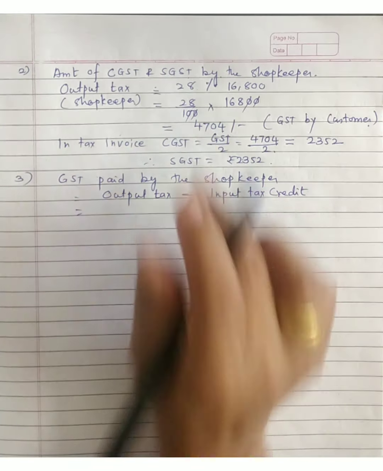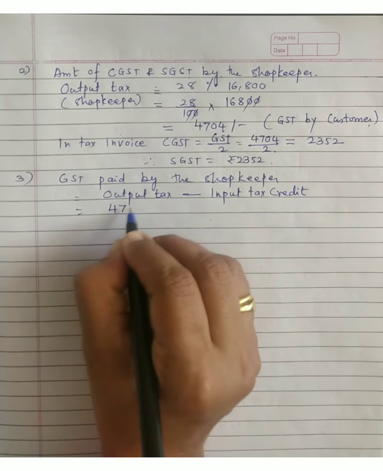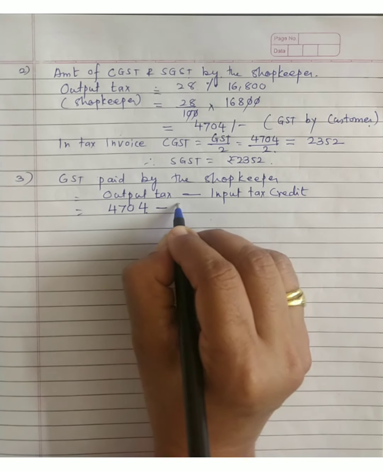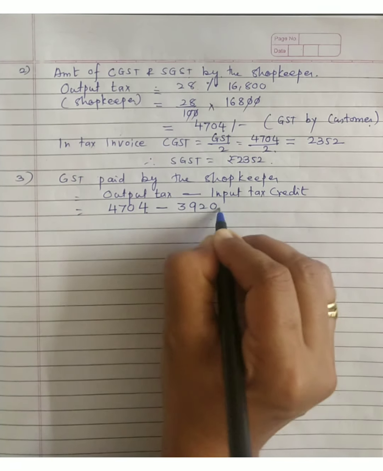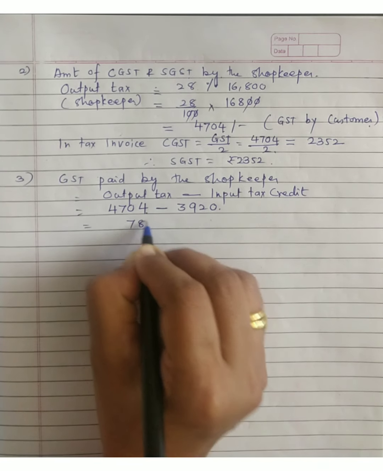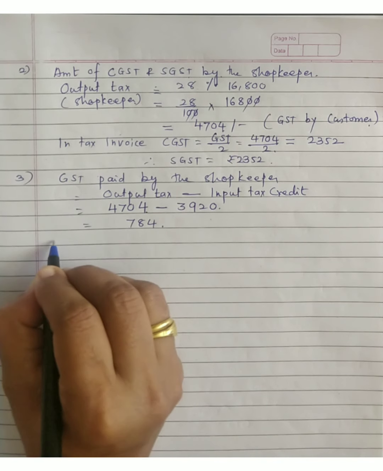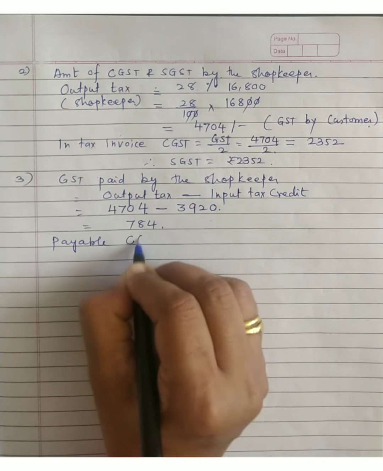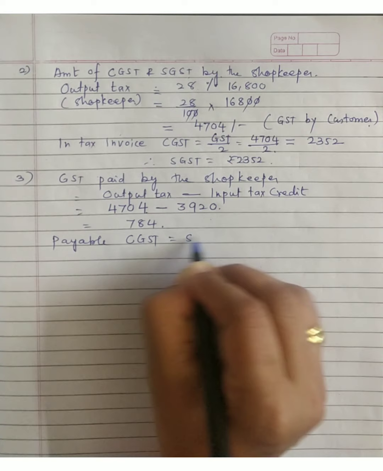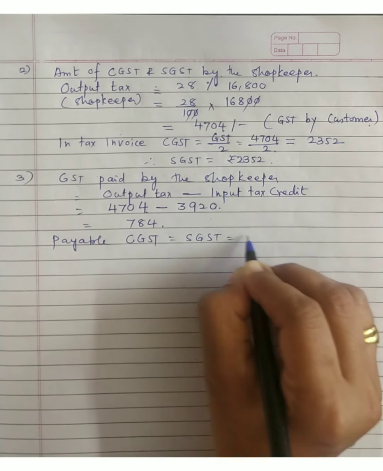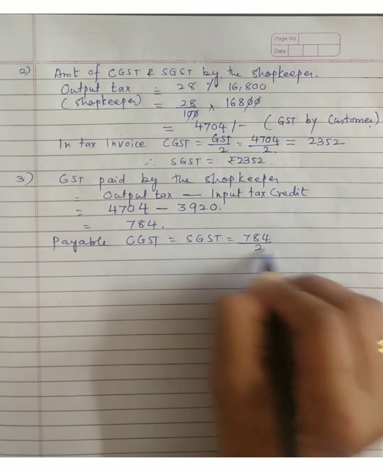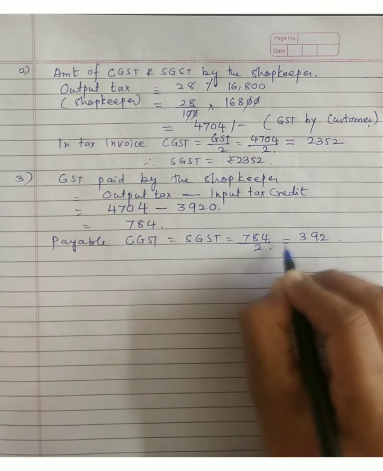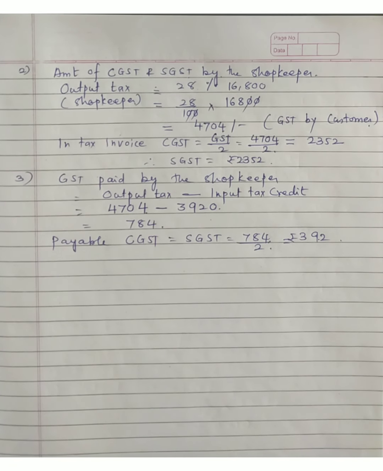What is the output tax? 4704. What is the input tax he has paid? 3920. What is the difference? 784. So payable CGST, that is SGST, will be what? 784 divided by 2. 2 3s are 6, 2 9s are 18. Rupees 392.